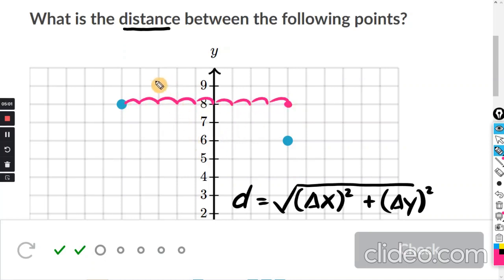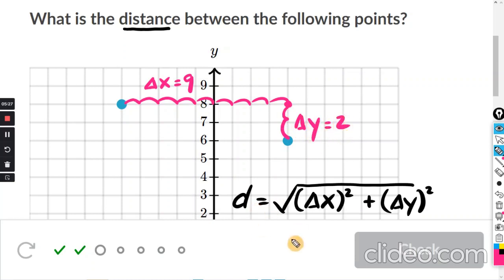Okay, so the change in x equals 9. All right, again, don't worry about positive or negative. Just keep it positive because you're going to square it anyway. And then the change in y, up, down, 1, 2 units. Change in y is just 2.